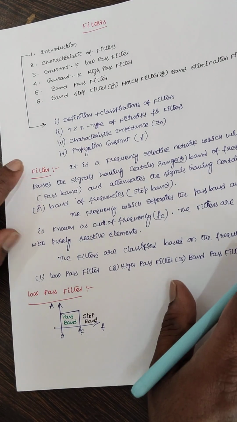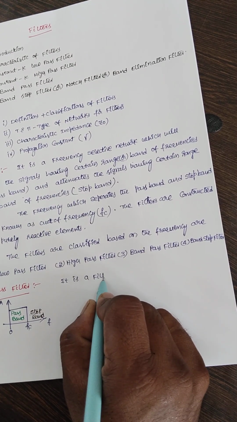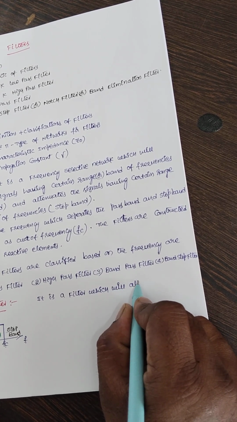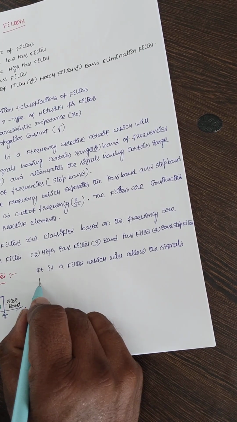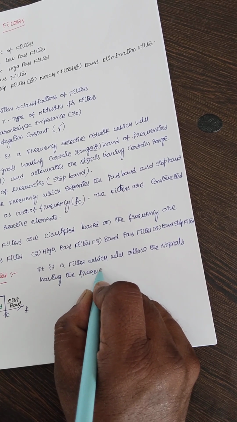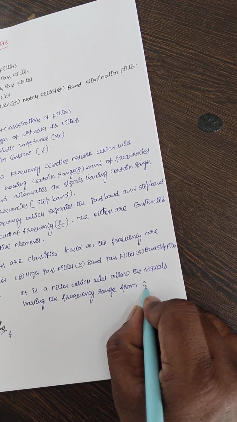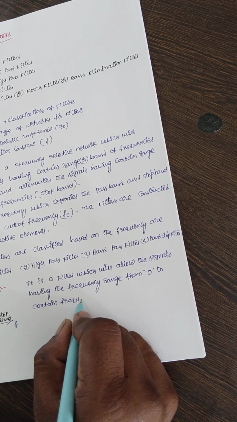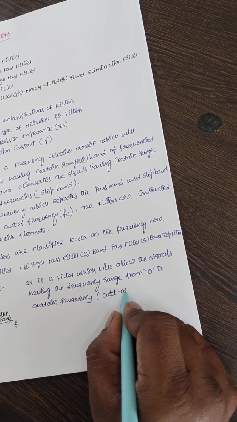So I can define this low pass filter as a filter which will allow the signals having the frequency range from 0 to a certain frequency, known as the cutoff frequency.